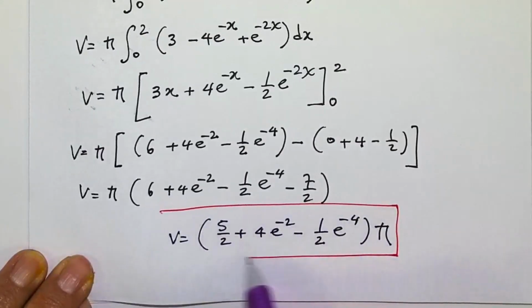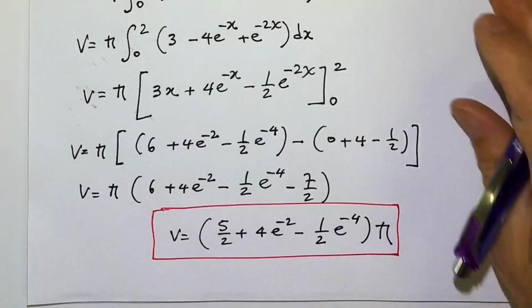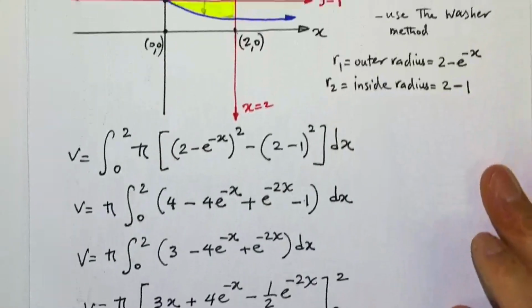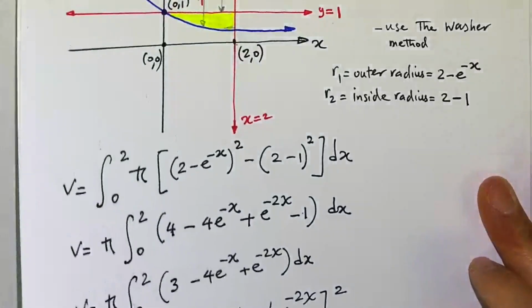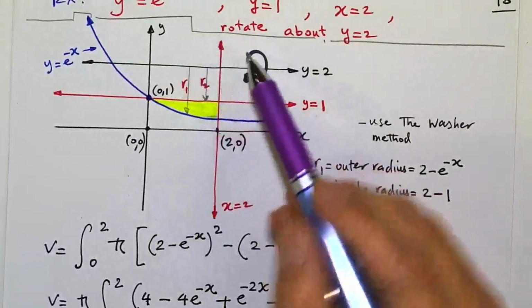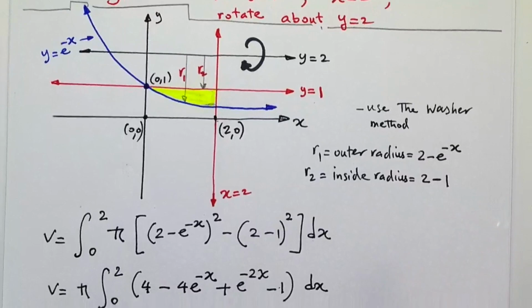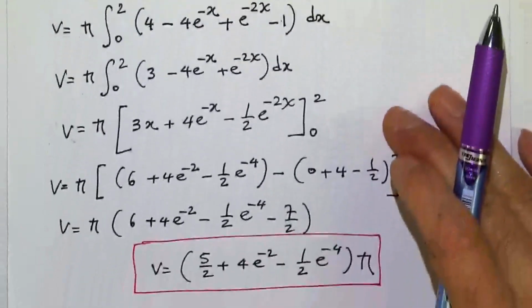All right, so there we have the volume of the solid generated by rotating that region about the y equals 2 line.